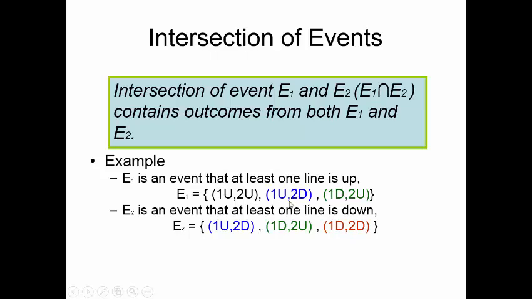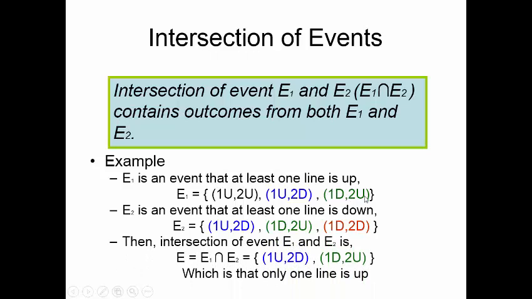The intersection of E1 and E2 contains these states, which are 1 up 2 down, or 1 down 2 up, which is that only one line is up.